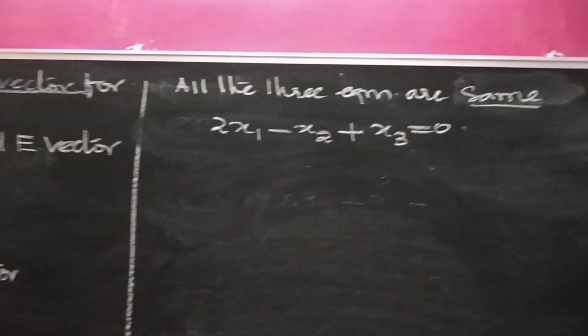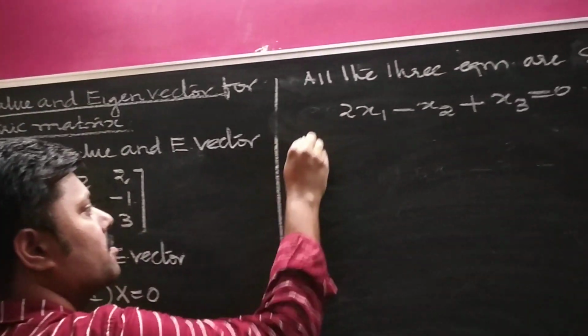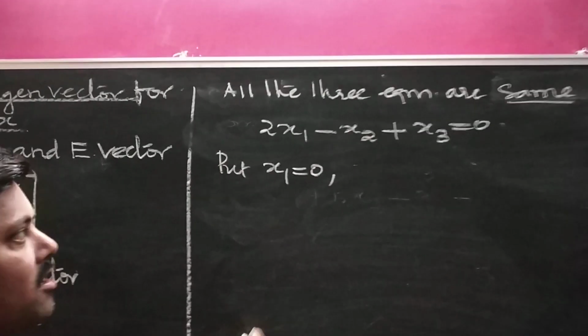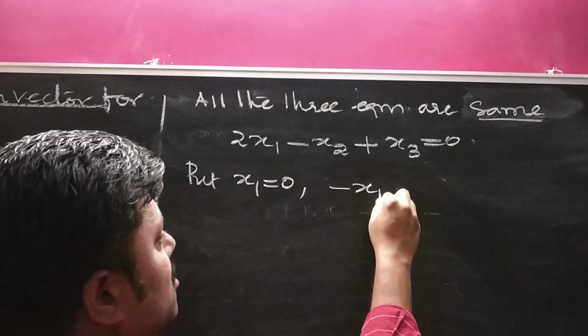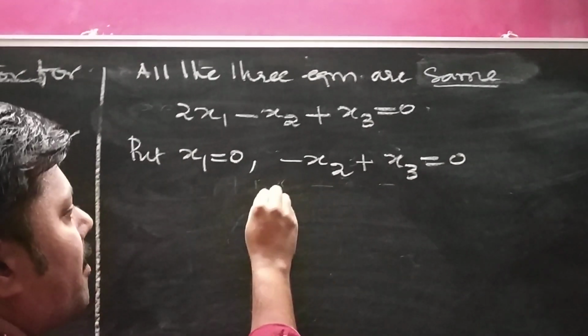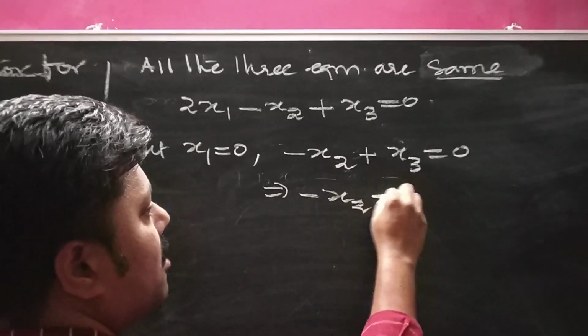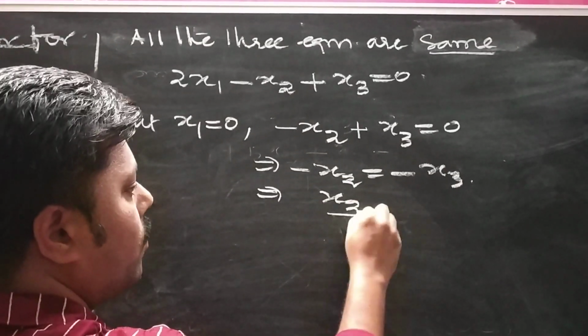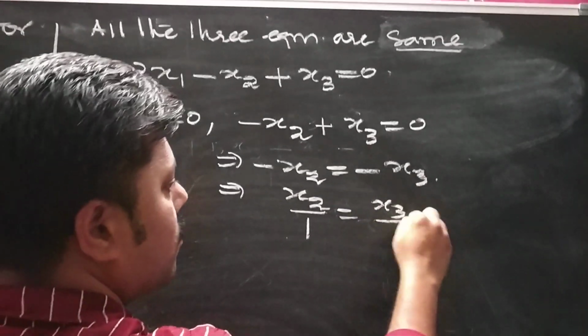So put any one of the variables, find out the second eigenvector. So I am substituting here, put x1 equal to 0. So if you substitute x1 equal to 0, we get minus x2 plus x3 equal to 0. So x2 equal to x3. So therefore, x2 value 1, x3 value 1.